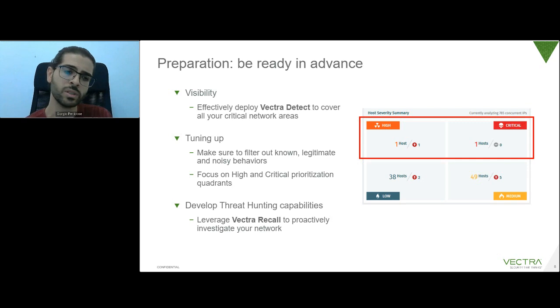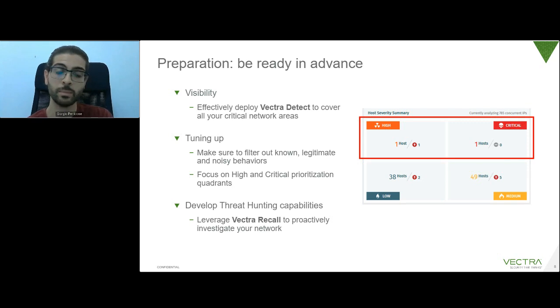We're going, of course, to talk about network forensics, because it's what Vectra, and Vectra Detect specifically for network, does. So what we want to gain before even starting the incident response process is as much visibility as possible about your environment.